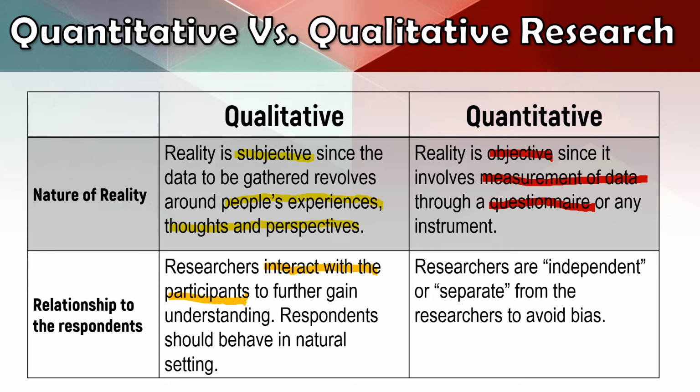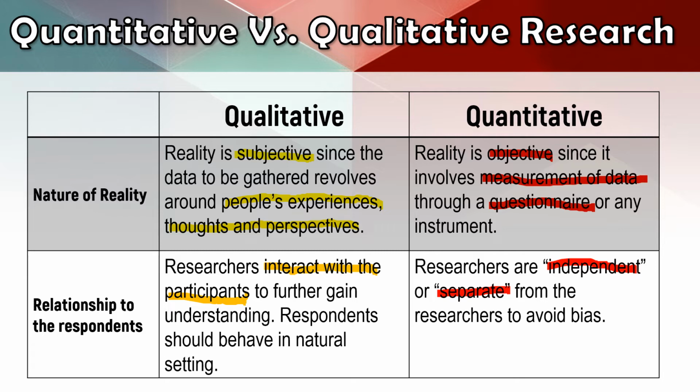However, with quantitative research, researchers are independent or separate from the respondents, to avoid bias. So, for quantitative research, the researchers are separate. They don't interact. They don't make personal communication, personal contact with the respondents because what they are using are surveys and questionnaires.